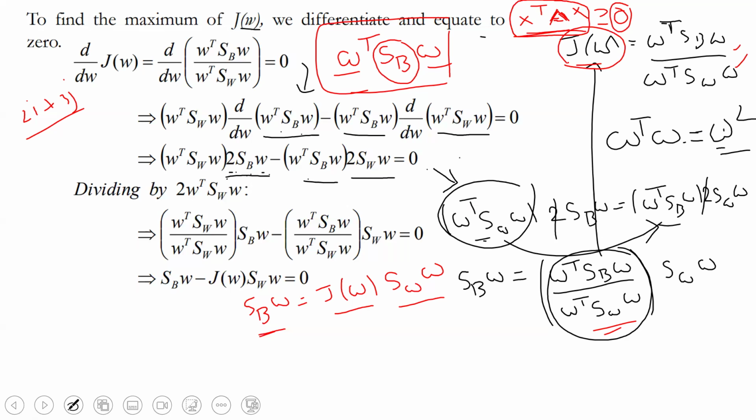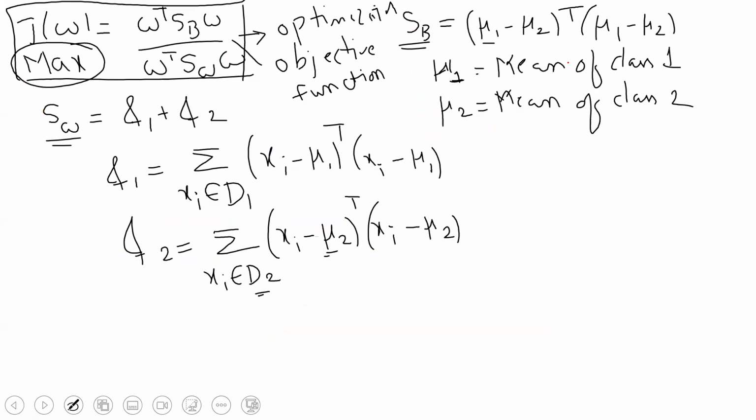Yes or no? Yes, this is scalar. I can put this another way, maybe if you're not able to accept that. Let's go back to the formula of SP. SP is mu1 minus mu2 whole square into mu1 minus mu2, right? So let's take the example of a 2 by 2 matrix. For a two-dimensional point, you will get a two-dimensional mean, right?